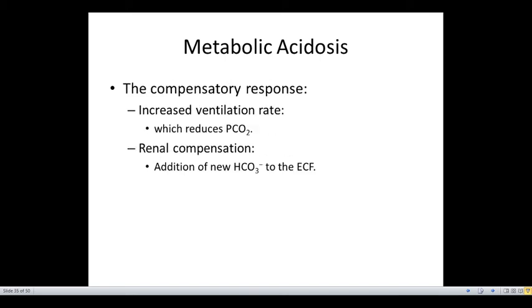The compensatory response in metabolic acidosis is number one, increased ventilation rate, which reduces the partial pressure of carbon dioxide, and number two, renal compensation, which is addition of new bicarbonate ions to the extracellular fluid.